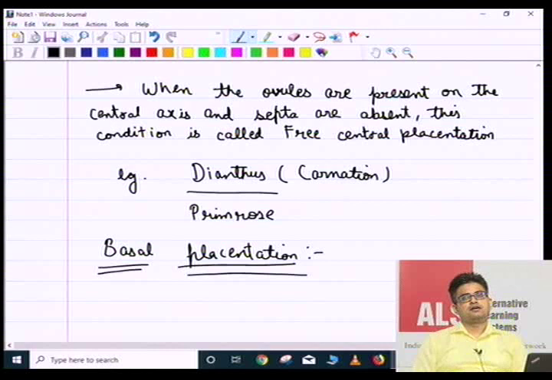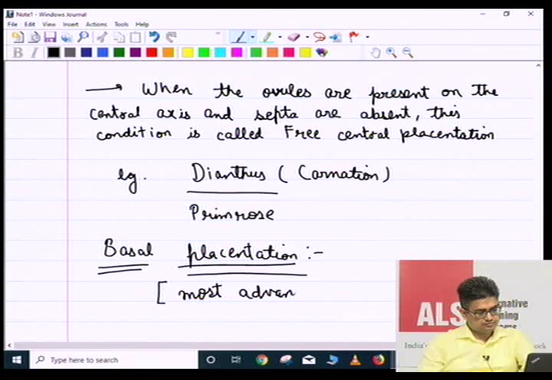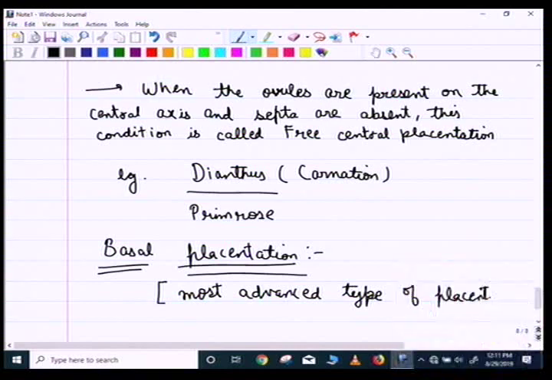Basal placentation is a special kind of placentation, and it is considered the most advanced type of placentation. So please write this here in bracket. Most advanced type of placentation is basal placentation.